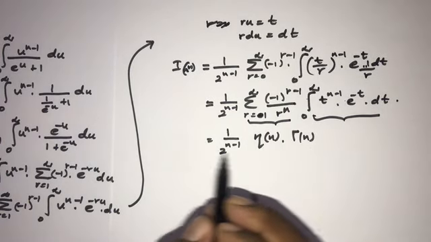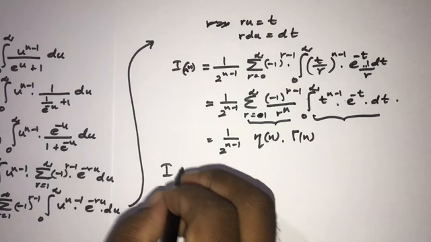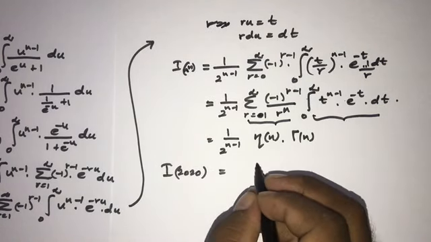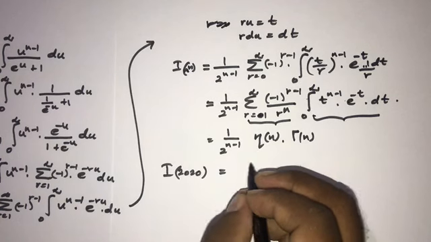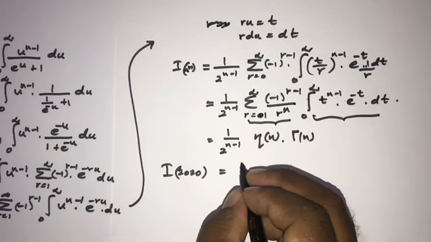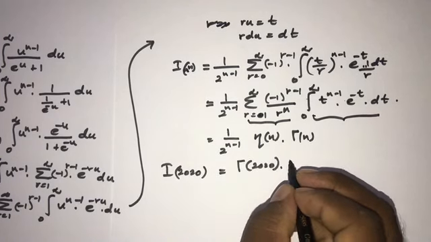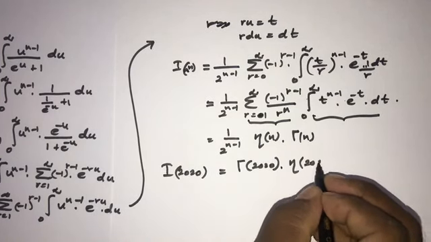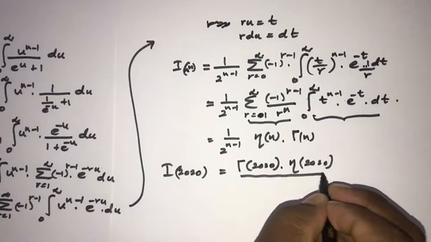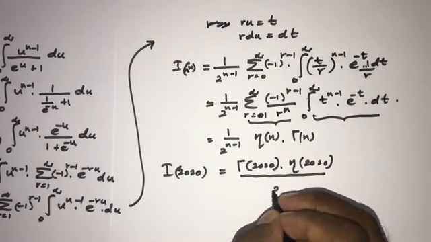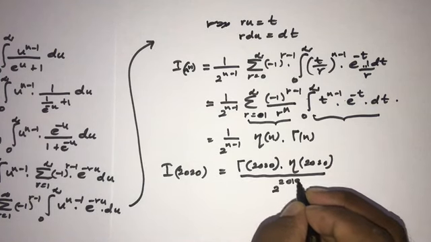Now we need I of 2020, our integral, so the answer is gamma of 2020 times eta of 2020 over 2 to the n minus 1, that is 2020 minus 1, 2 raised to the 2019th power.